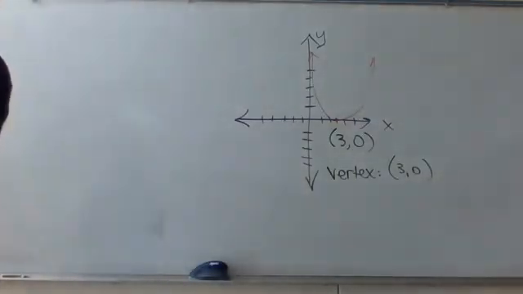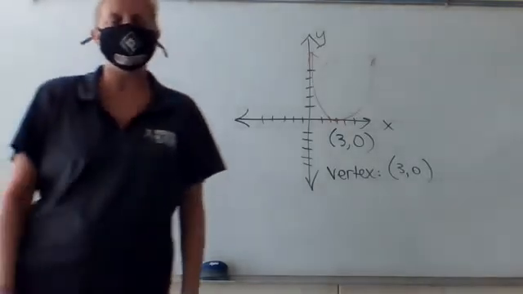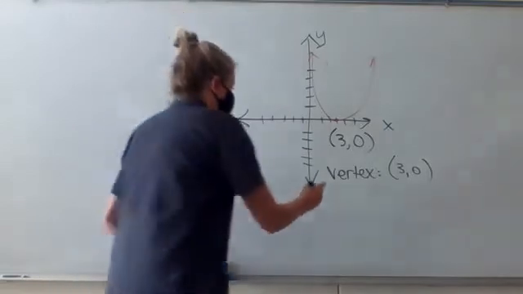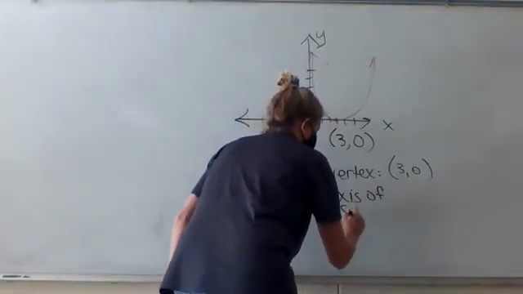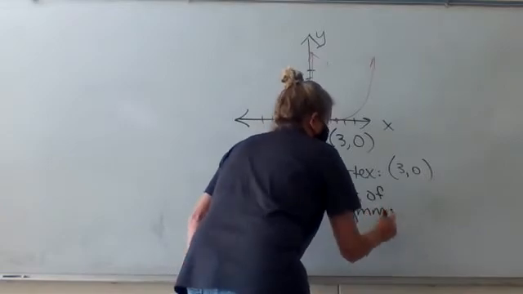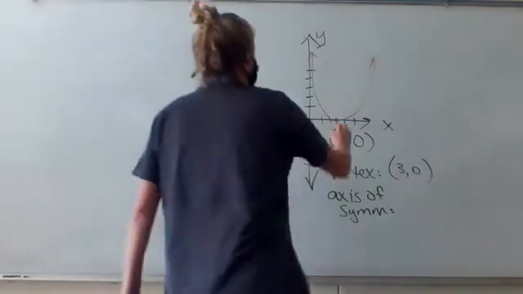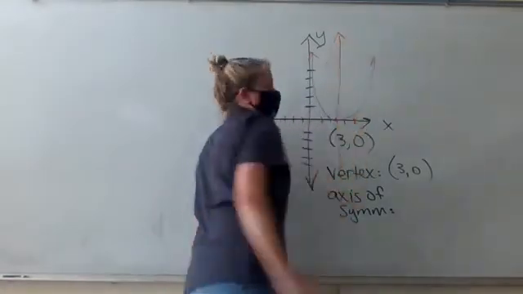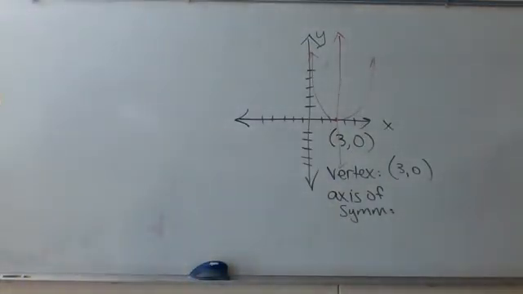What it's wanting to do is show you the information that you can get from knowing the vertex of a parabola. You'll be able to find out what its axis of symmetry is. The axis of symmetry of a parabola is the vertical line that goes straight through that vertex right there and cuts it in half and makes it symmetrical.